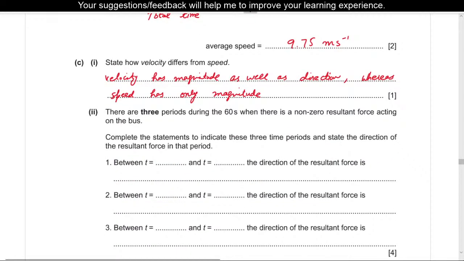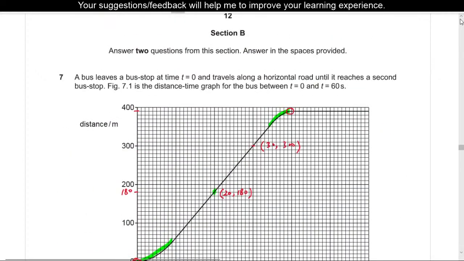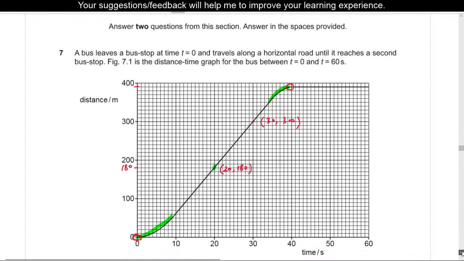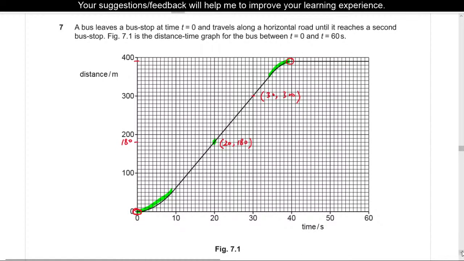Now part 2. There are 3 periods during the 60 seconds when there is a non-zero resultant force acting on the bus. Complete the statements to indicate these 3 time periods and state the direction of the resultant force in that period. Okay, let's go back to the graph to solve this question. You know, when there is a resultant force, there is acceleration.